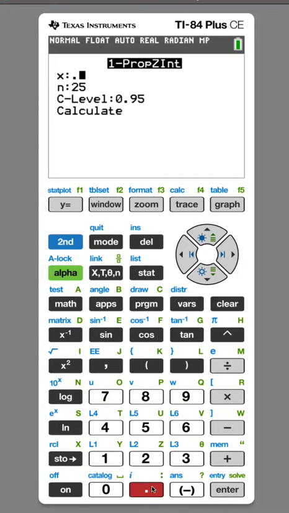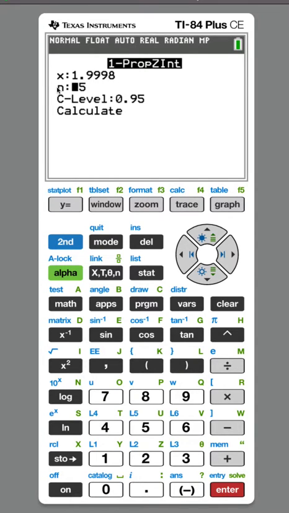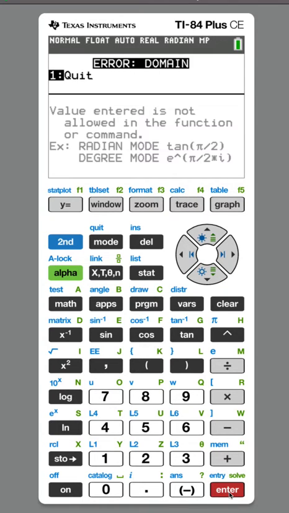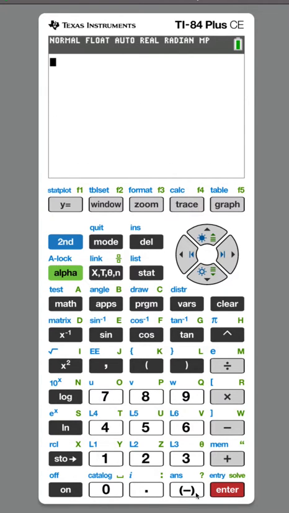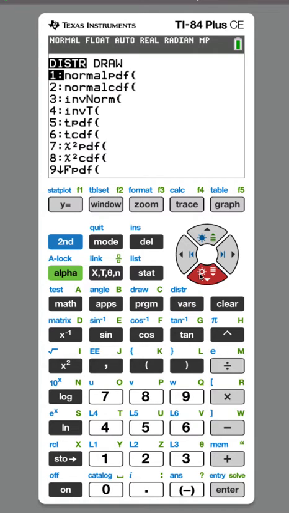And sometimes it might be a non-whole number, okay? I want you to notice that if we're trying to find a percentage of a value, to calculate the number of successes, and it's not a whole number, the calculator is not going to understand that.